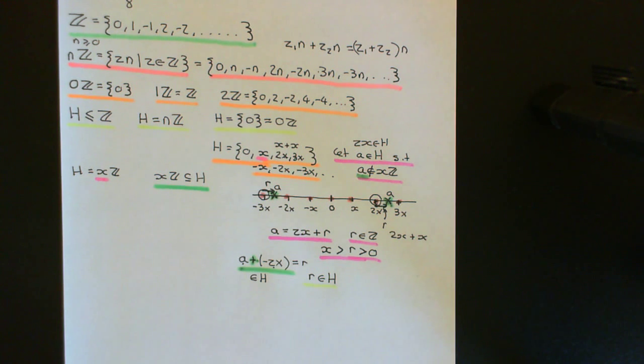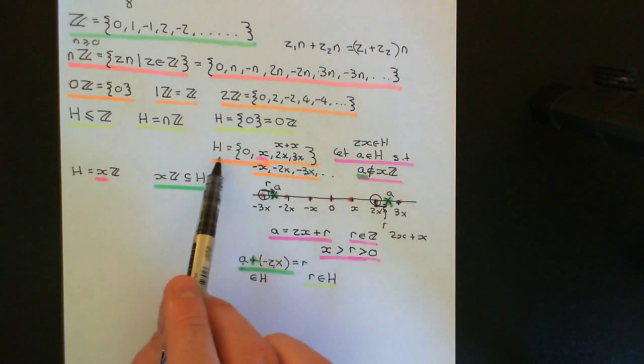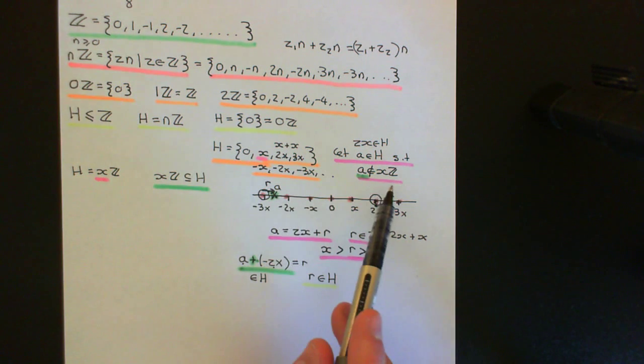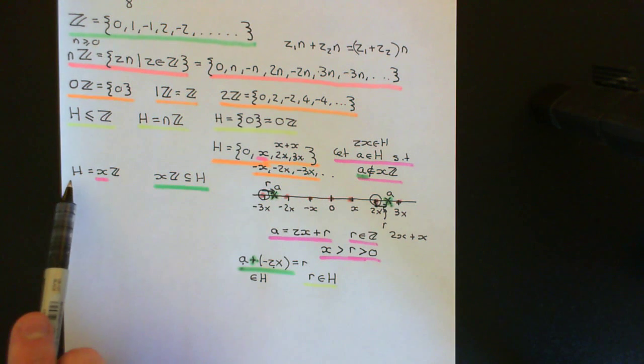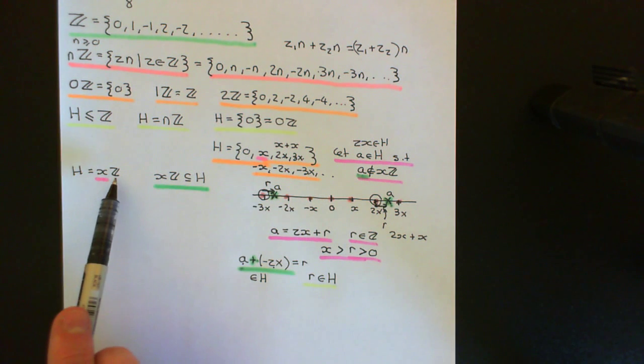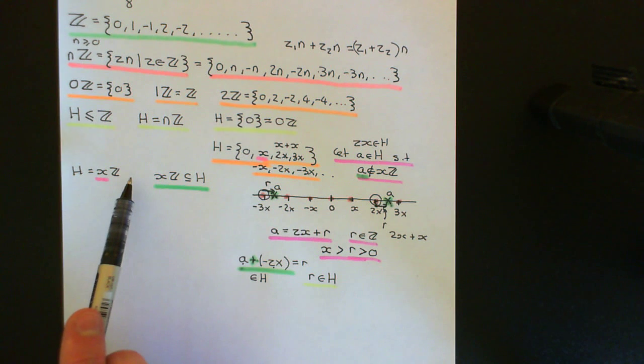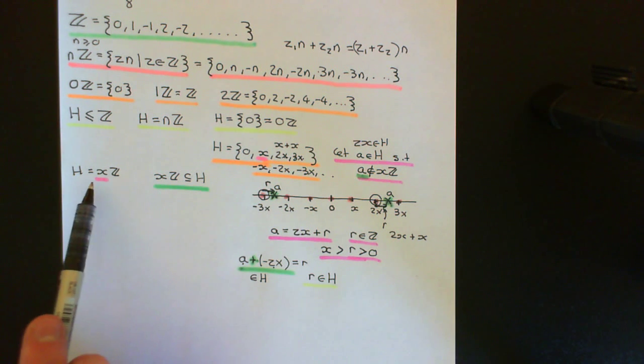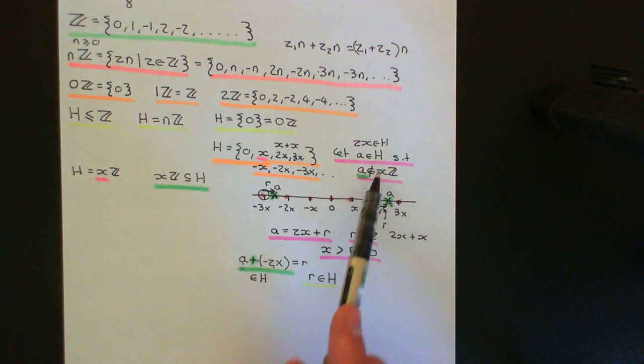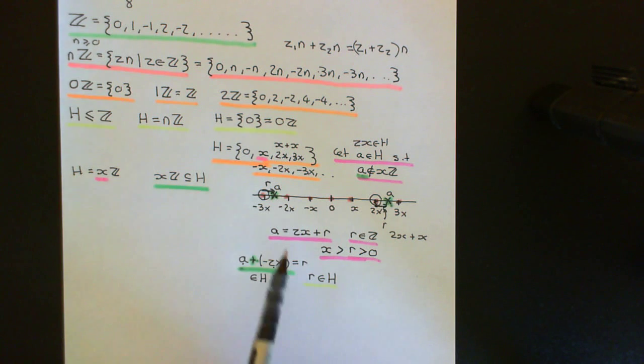Okay, so if you have picked the smallest positive integer in your subgroup capital H, then it must be the case that your subgroup is equal to x times z. It cannot contain any element that's outside of that, because otherwise you can prove the existence of something else in the subgroup capital H, a positive integer that was smaller than little x.